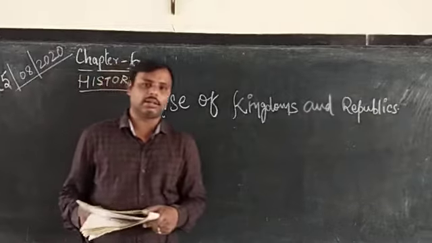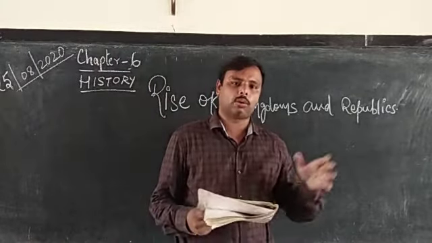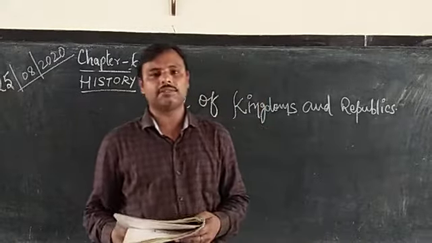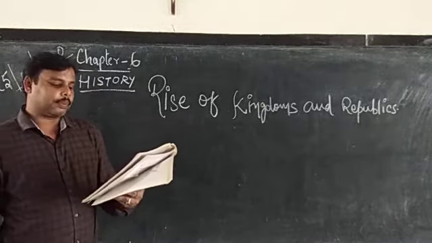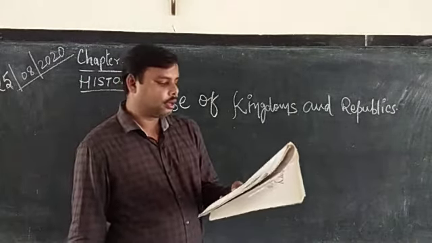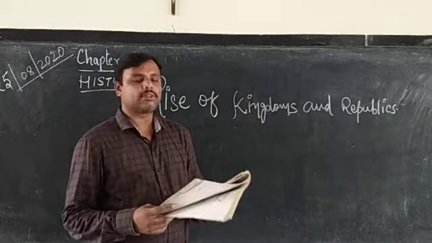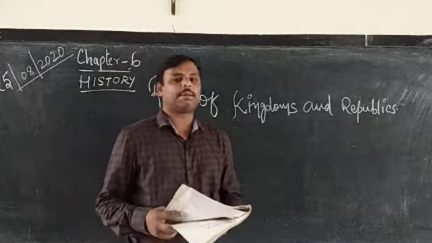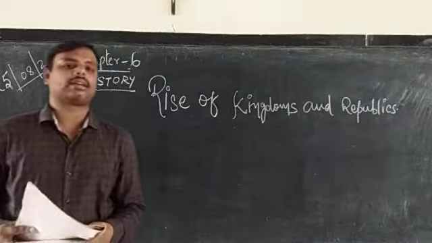There is no change in the kingship, but it keeps on passing from one generation to the other. For example, the Janpada of Vajji in northern Bihar was a republic, while the Janpada of Magadha in southern Bihar was a monarchy. So both examples have been quoted over here, a republican example and a monarchy example.